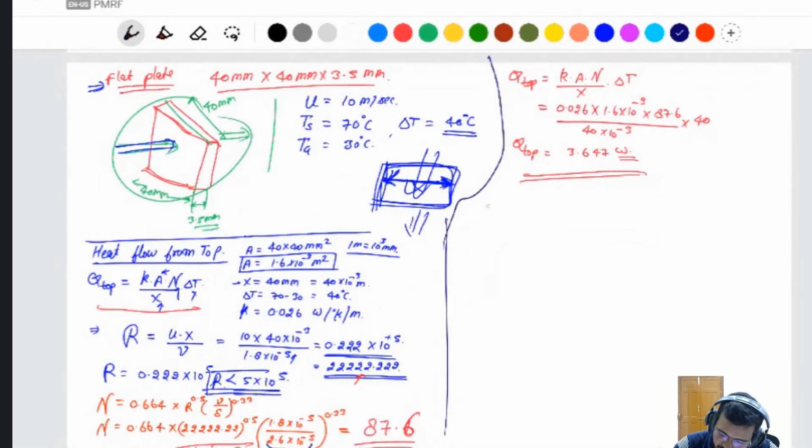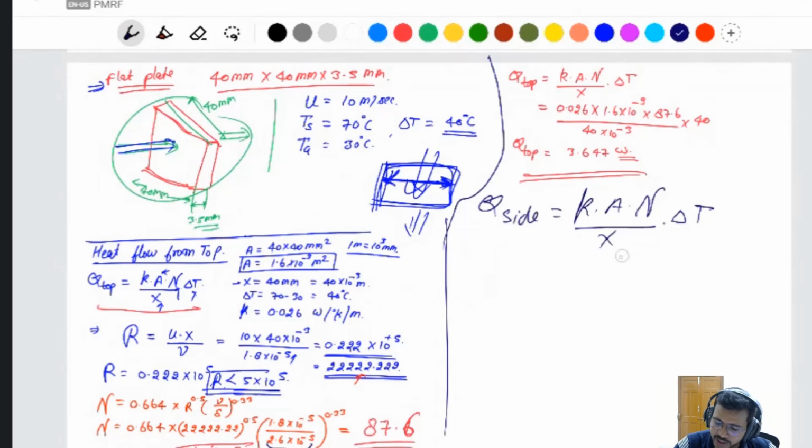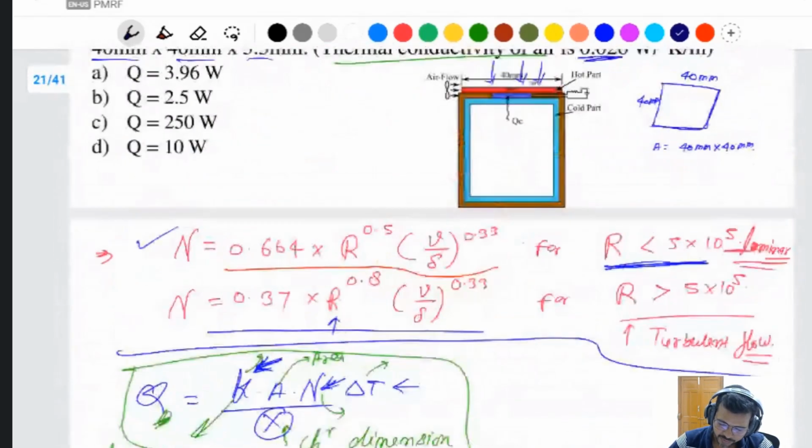Then the second one, Q side. The formula will be the same: k area, Reynolds number into delta T. But the dimensions will be changed. Area will be changed and x can change. But we can see what type it is.